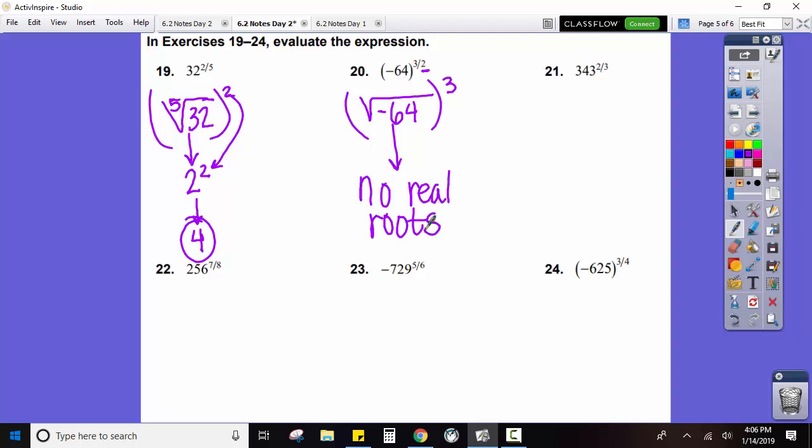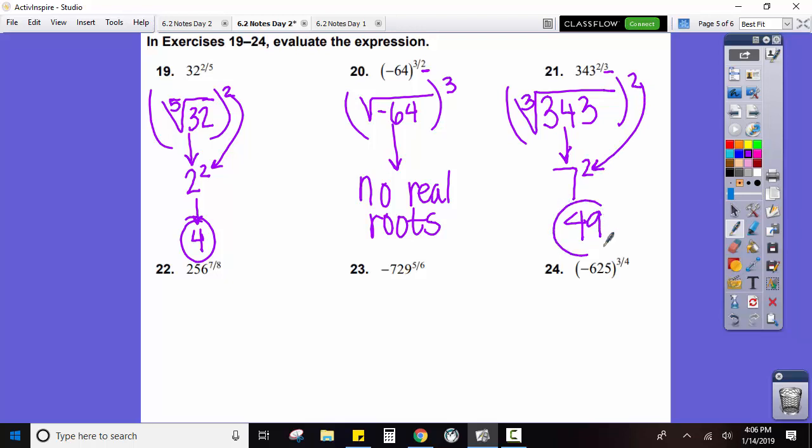Okay, 21. So 343, you want the third or the cube root of that all to the second power. So the cube root of 343 is 7. Bring down the exponent squared, which equals 49.